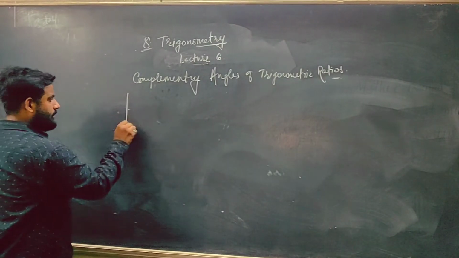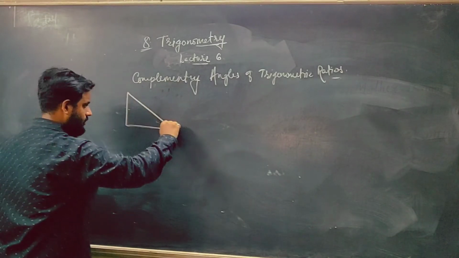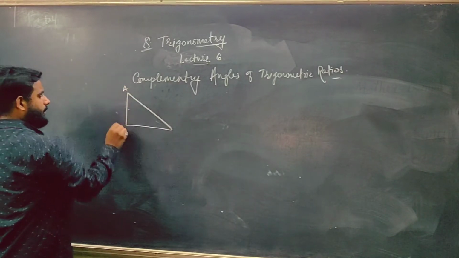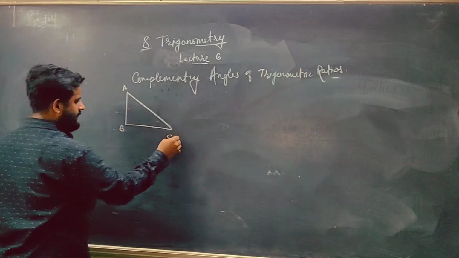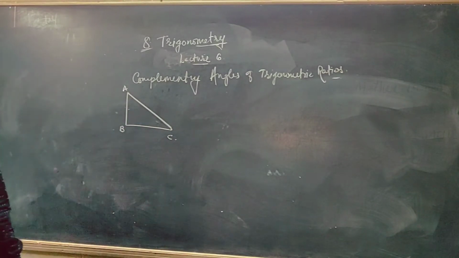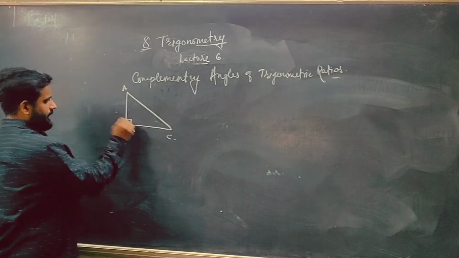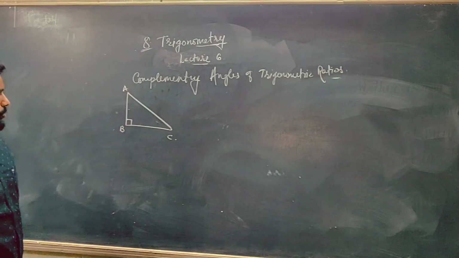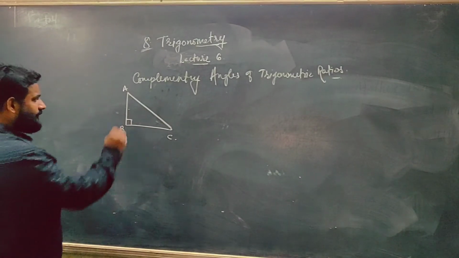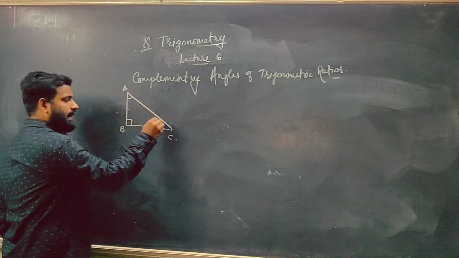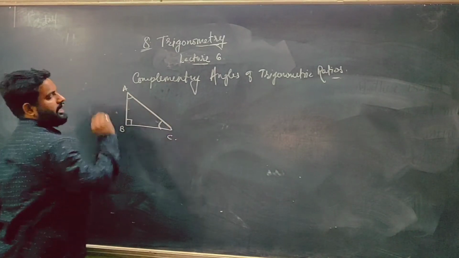For example, this is your triangle ABC, right? In my triangle ABC, angle B is 90. So if angle B is 90, A will have some acute angle and C will also be some acute angle.